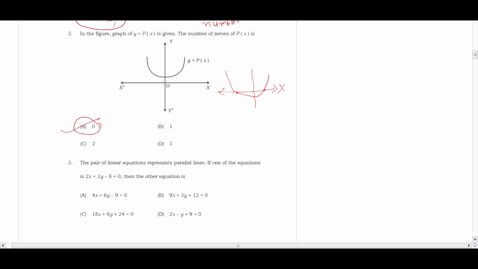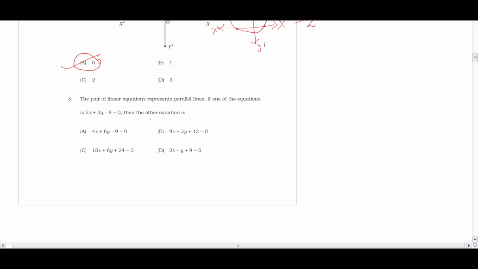This is the x-axis, this is x dash, here y and here y dash. In this figure the solution is 2, but in this figure the solution is 0 because the figure does not cut or touch the x-axis. Then the number of solutions is 0. Then next let's go to the third question.